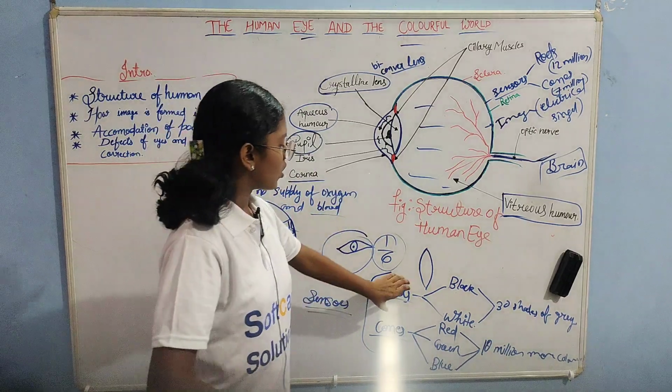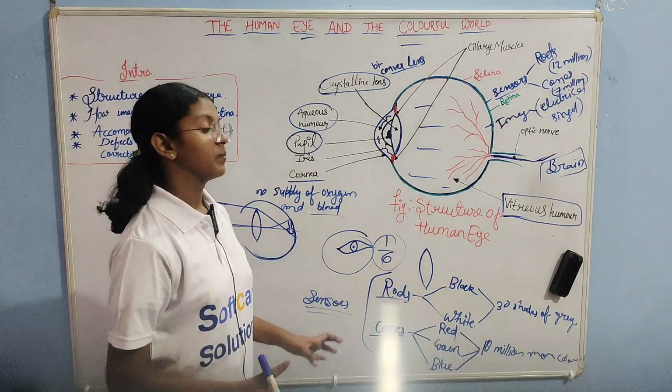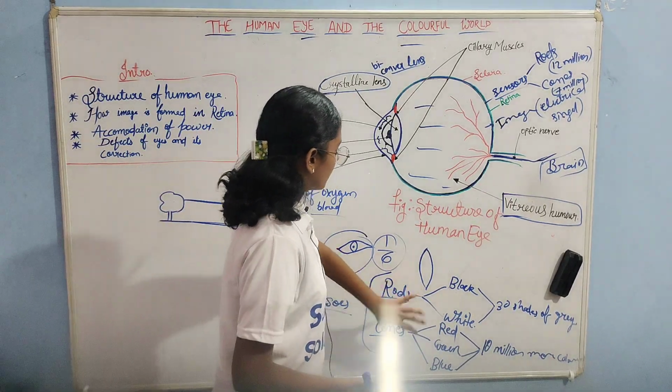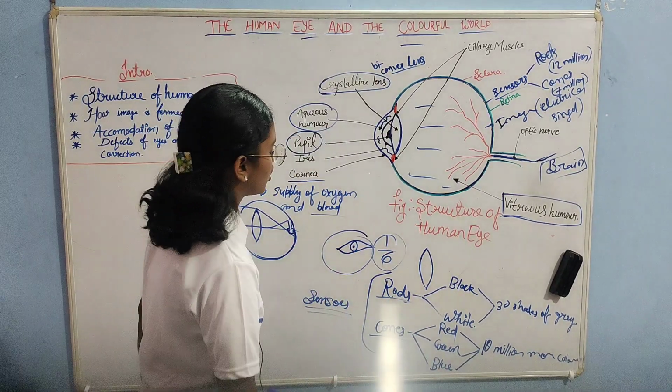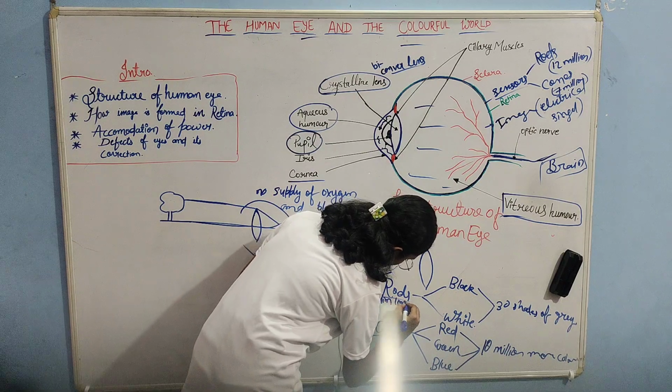Now, when do the rods help us recognize color? When we are in a place where there is not much light, in dim light or at night.